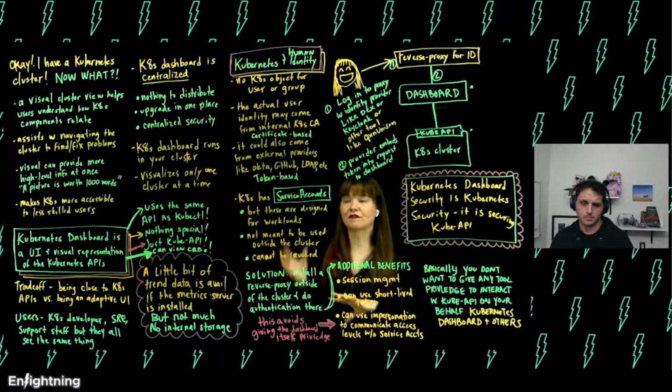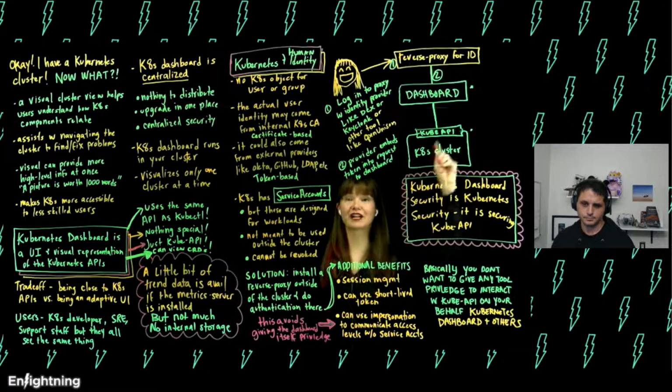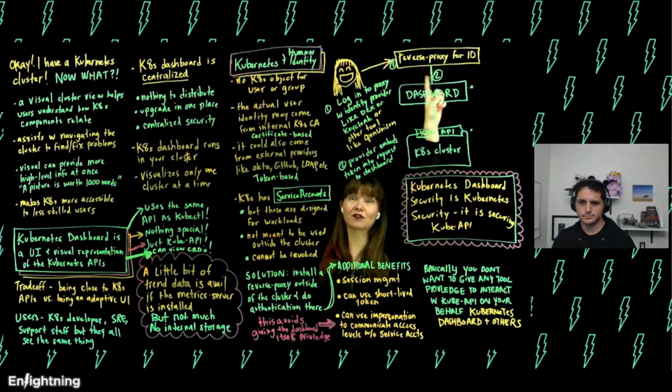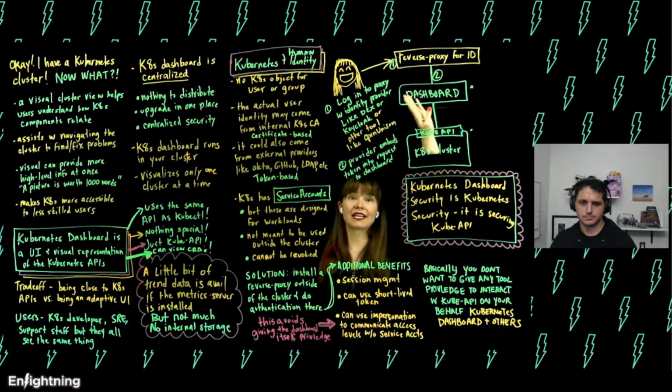So the solution for the problem of identity for the user of dashboard to make it safe is to add a reverse proxy for identification. So you, as a user, get to the reverse proxy, and the reverse proxy handles identity. And you can do that with DEX or Keycloak or Open Unison. Open Unison is more of a full solution, but if you're using DEX or Keycloak, then that token would be embedded into the request to the dashboard.